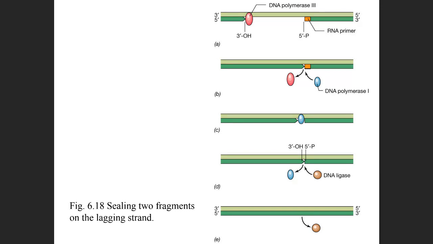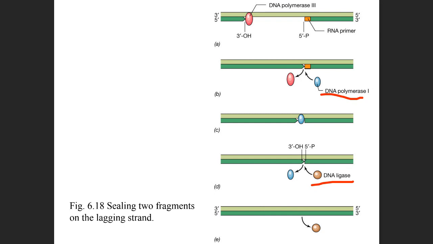Now it's between the 3' hydroxyl group and the 5' phosphate. That's where the DNA ligase comes in. The DNA ligase fills the nick, which they didn't say here, using ATP.